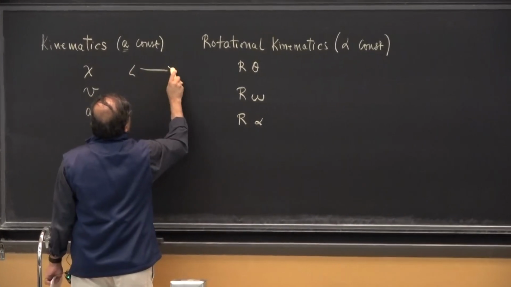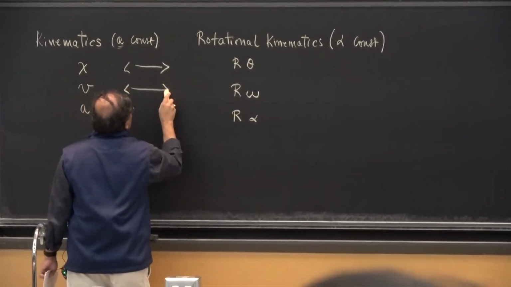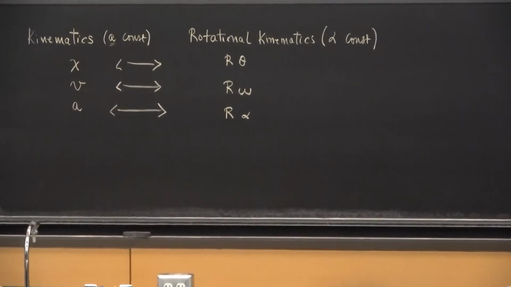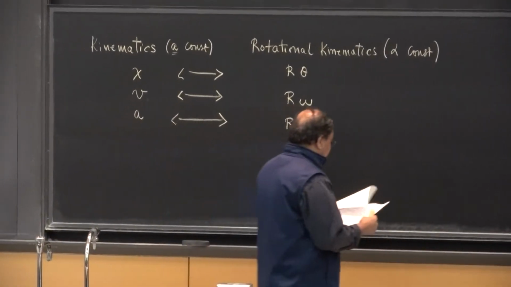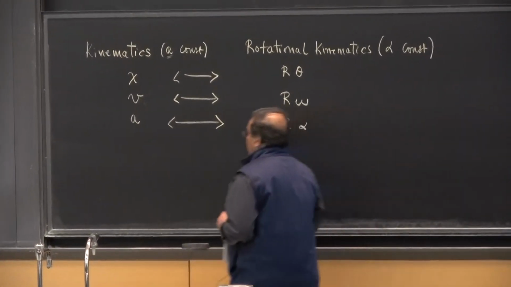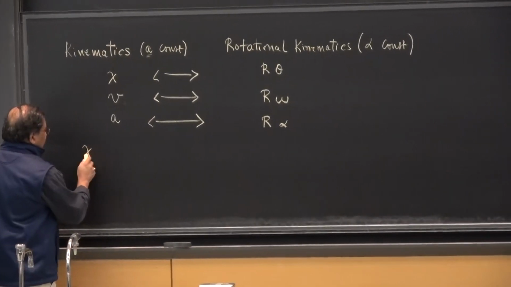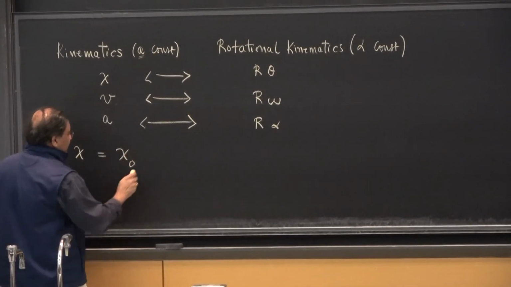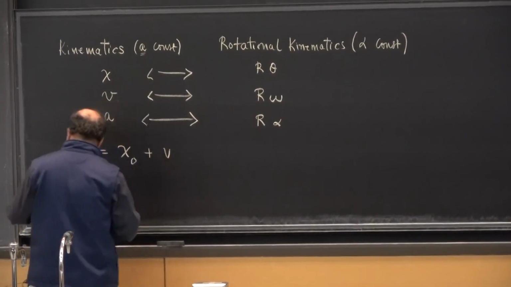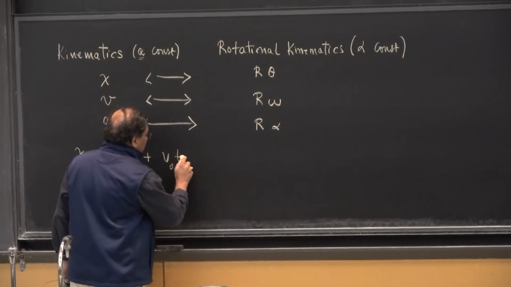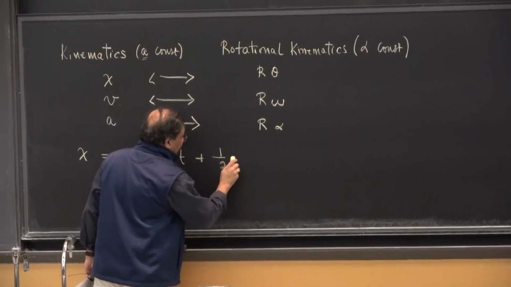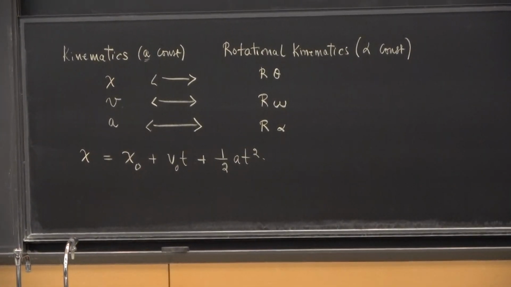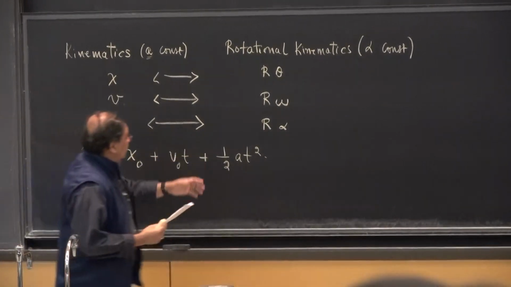So there is a one-to-one correspondence between rotational kinematics and the kinematics that you have done before, which means necessarily that the kinematic formulas that we have used, for example x equal to some initial displacement x0 plus v0 t plus half acceleration times t squared, we use that. What can we do with it in rotational kinematics?